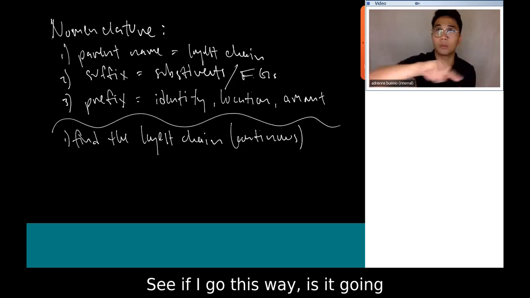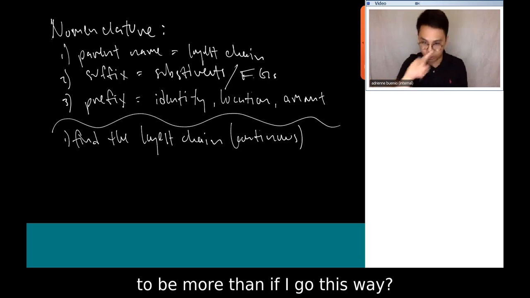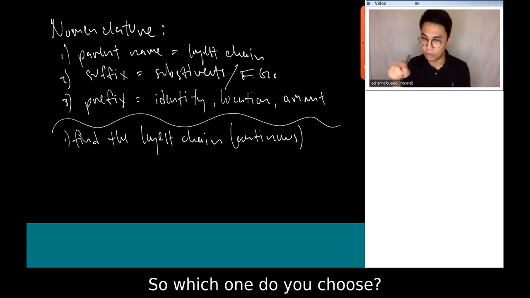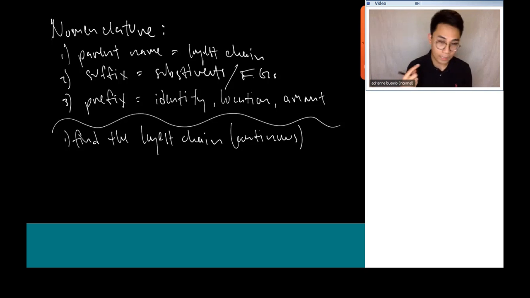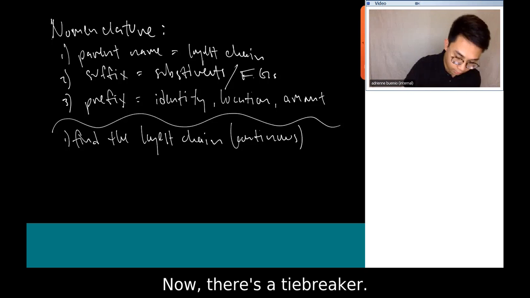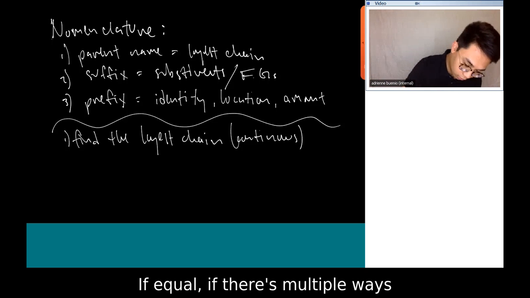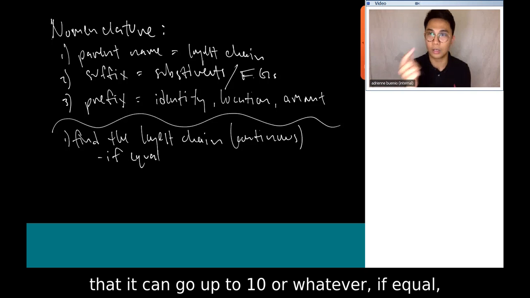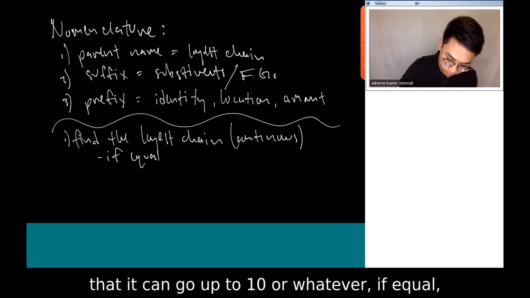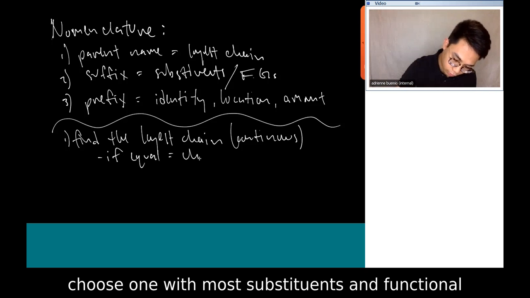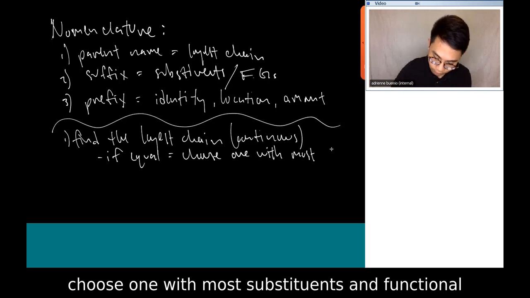See, if I go this way, is it going to be more than if I go this way? So which one do you choose? Now there's a tiebreaker. If equal, if there are multiple ways that it can go up to 10 or whatever, if equal, choose the one with the most substituents and functional groups, right?